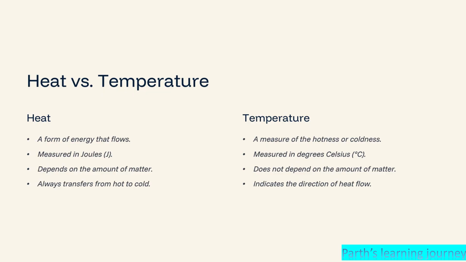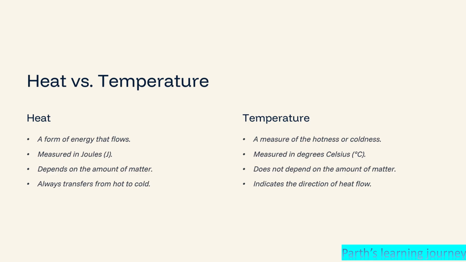Obviously, heat and temperature are not the same thing. So let's study what heat is and what temperature is, and their differences. Heat is a form of energy that flows. Temperature is a measure of hotness or coldness.